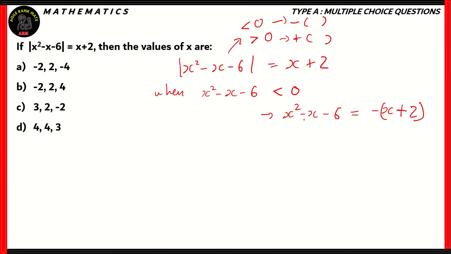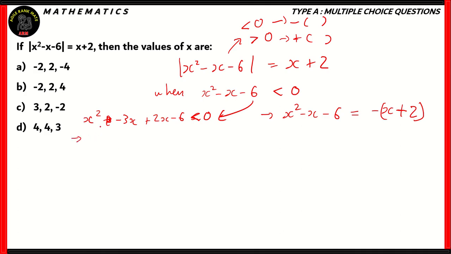So let's try to find out the limits of this particular modulus function. In order to do that, let's take this quantity, x squared minus x minus 6 is less than 0, and factorize it. We have 6, so we can use 3 and 2 in order to get a negative x. So x squared minus 3x plus 2x minus 6 is less than 0, not equal to, we have to use the same symbol, so less than 0.